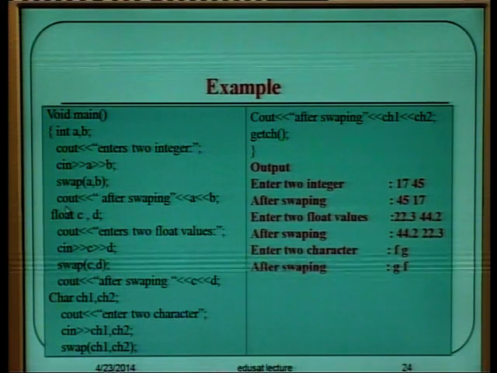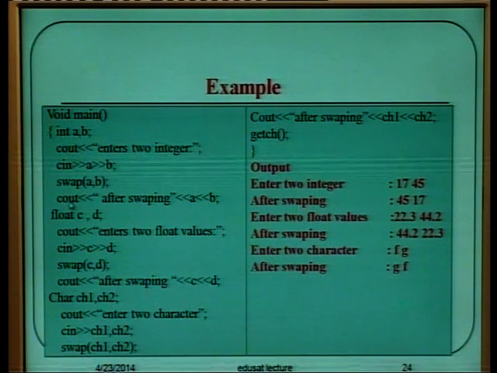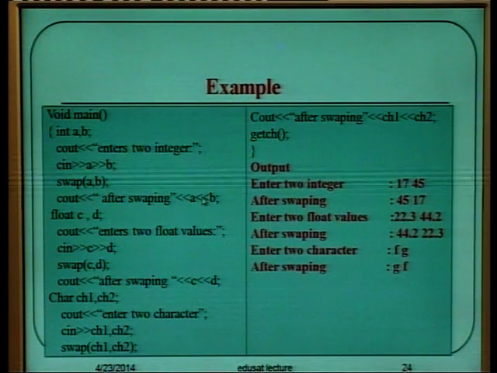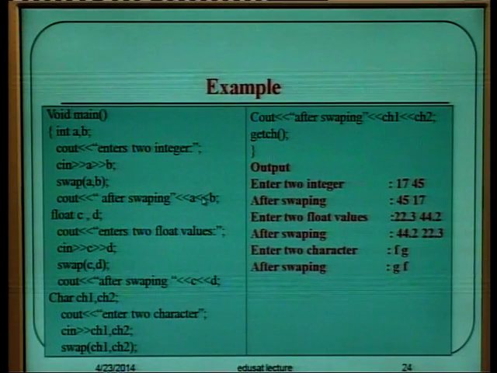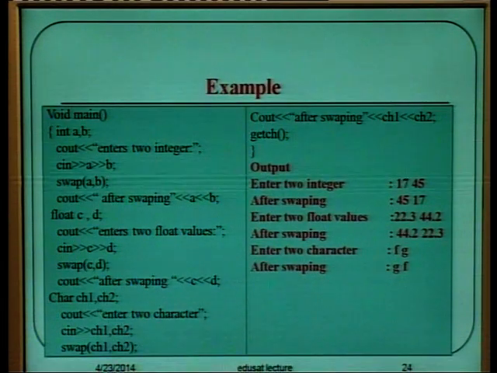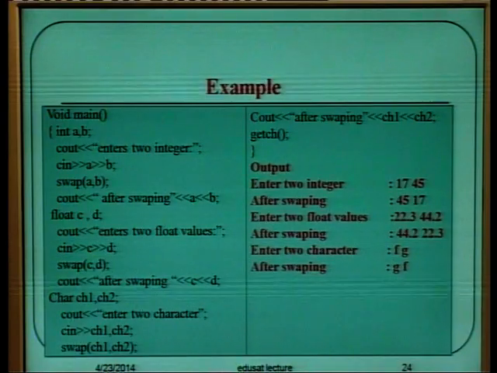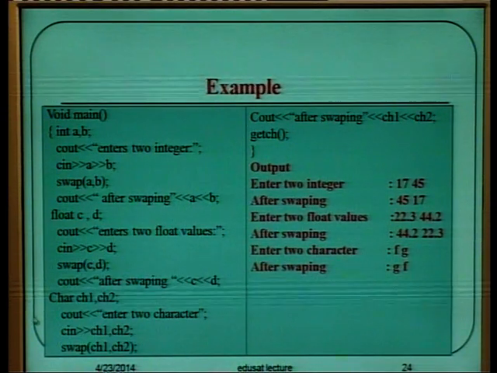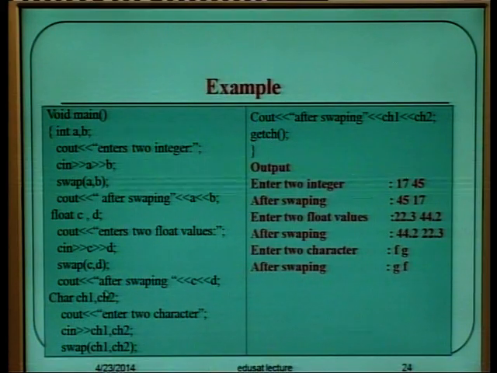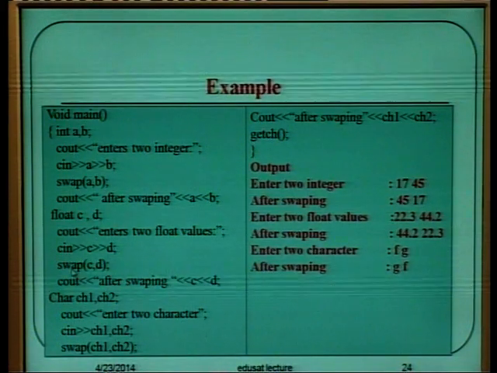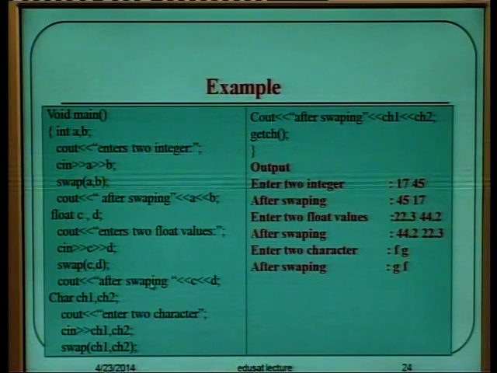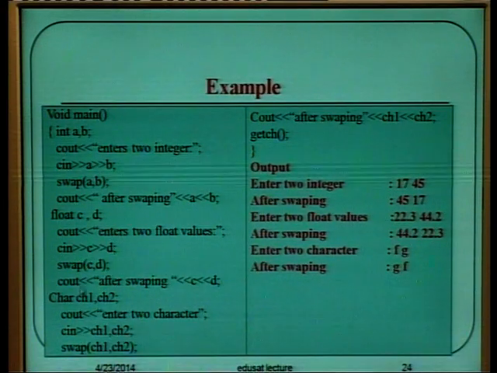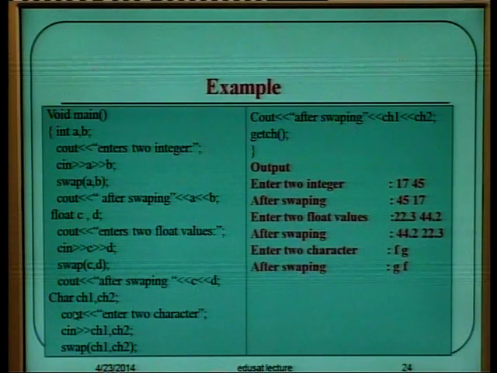So the integer type variables are passed, and after swapping the values are changed and shown like this. The same way, we take floating values c and d, and that c and d floating value is passed to the swapping function. After swapping, the floating values c and d are shown.